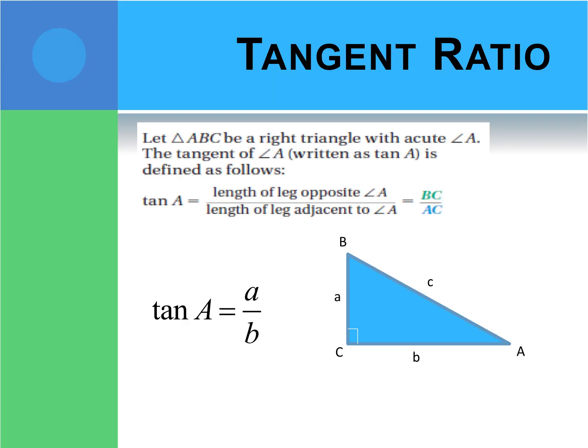All right, so like I said, we're just using tangent today, but this is the setup for everything. Looking at this one, the A for tan A, that's going to be your angle. So let triangle ABC be a right triangle with an acute angle A. So angle A is acute and angle B is also acute. It says the tangent of angle A, written as tan A, is defined as the following.